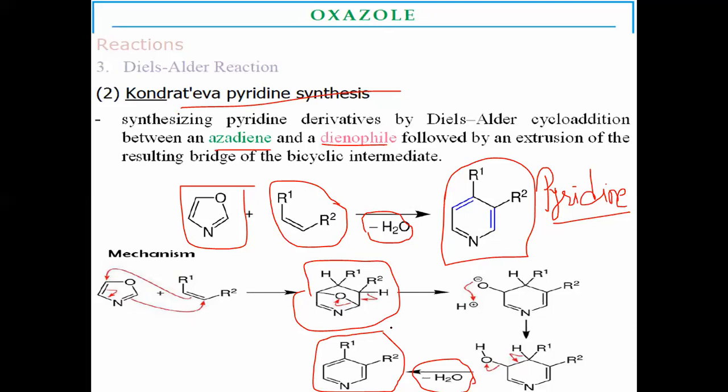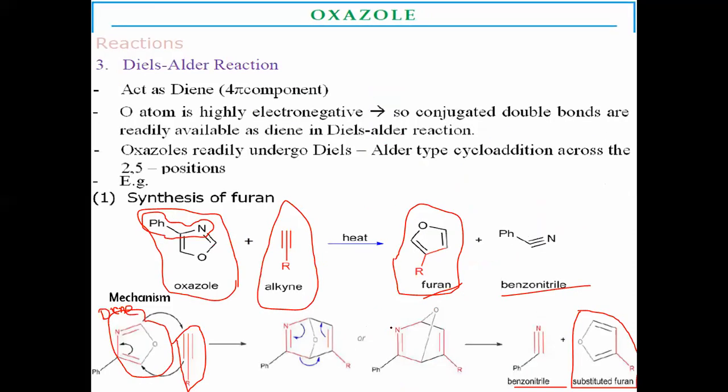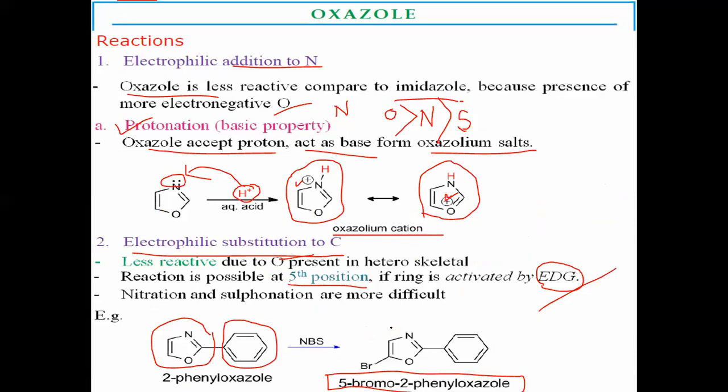First is electrophilic addition to the nitrogen, then electrophilic substitution at carbon atoms where the electron density is more, but the electron donating group should be present. Oxygen is a more electronegative atom, so it does not delocalize the electrons present on the oxygen atom.